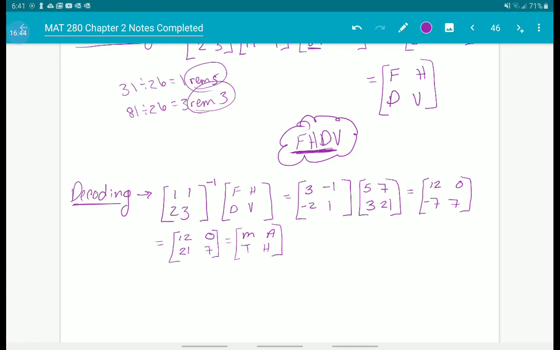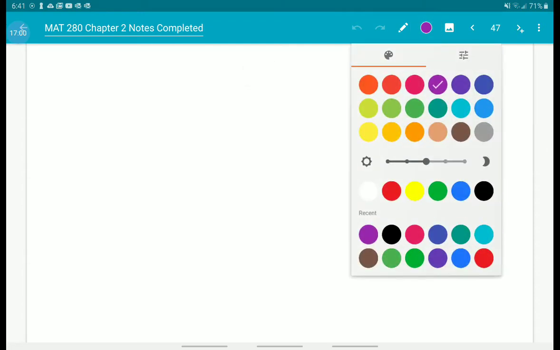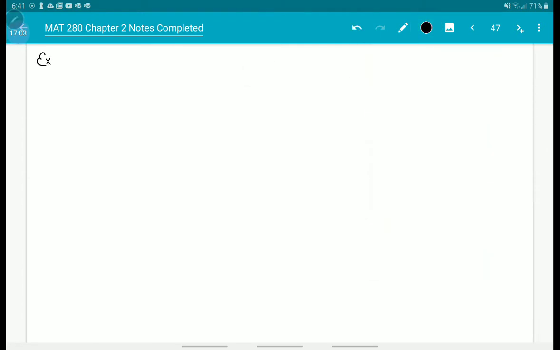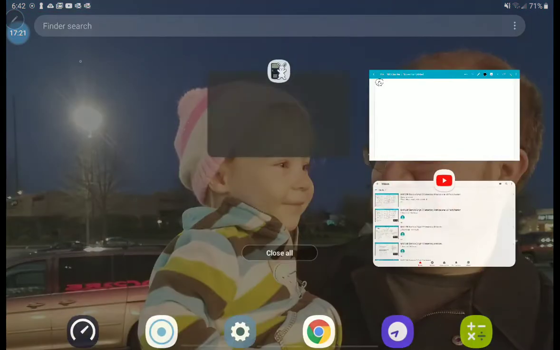Let's do another one. Let's do one with a 3x3. Let's say we have our encoding matrix.